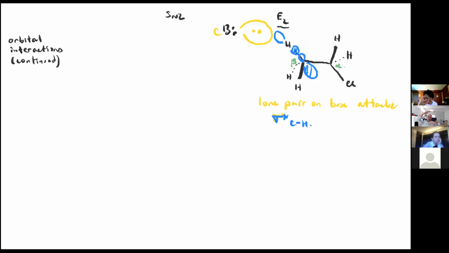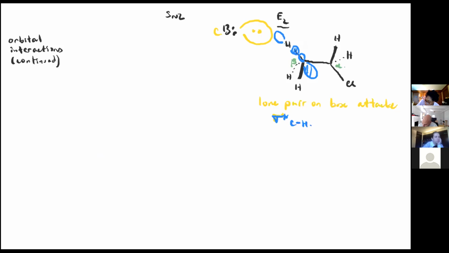And so I'm pushing the energy of the electrons in the CH sigma bond up, right? And we know that the carbon chlorine sigma star is somewhere over here. And so as I elevate those electrons in the bonding orbital in energy, they're getting closer to sigma star. And so you're getting a stronger interaction. And so that's why it all kind of has to happen at the same time. All right.